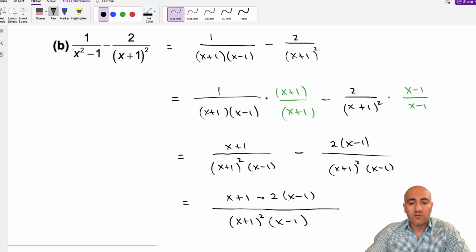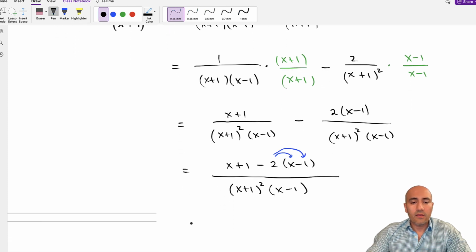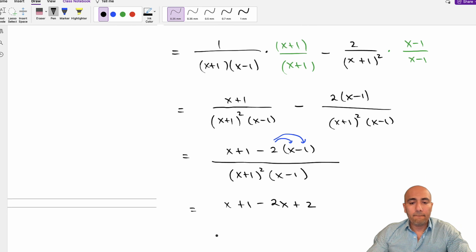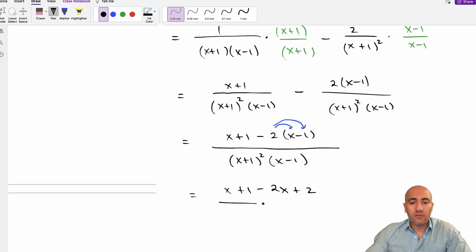Good. So then distribute and combine like terms. So we're going to distribute these guys. Don't forget about the sign. And so we end up with x plus 1 minus 2x plus 2, which then, the denominator is still x plus 1 squared times x minus 1.